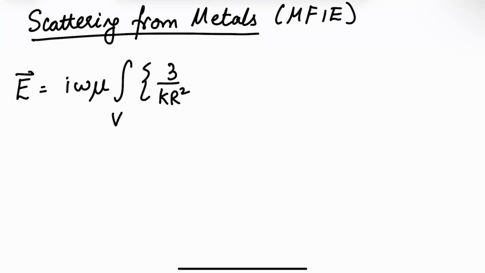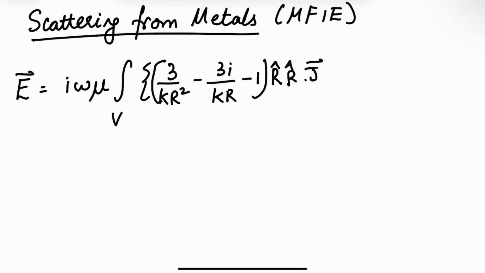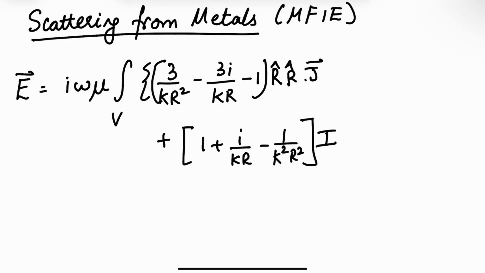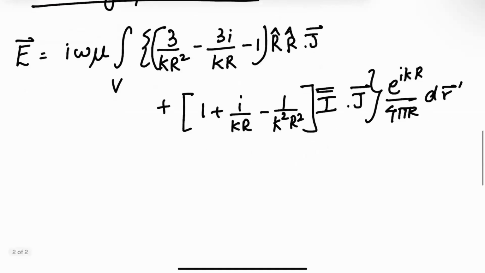So I'm writing out the dyadic Green's function in explicit form, which we've seen before. k r minus 1 times r hat dot j, plus 1 plus i over kr minus 1 over k square r square I dot j, e to the ikr over 4 pi r. And this is the full dyadic Green's function formulation.